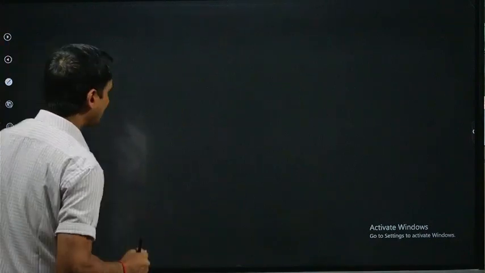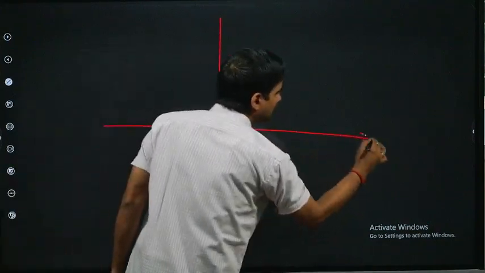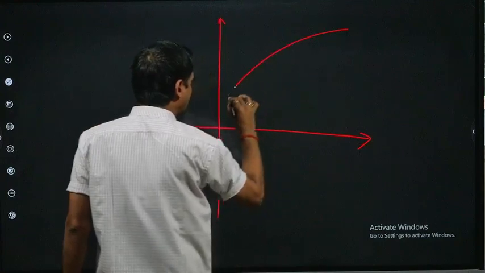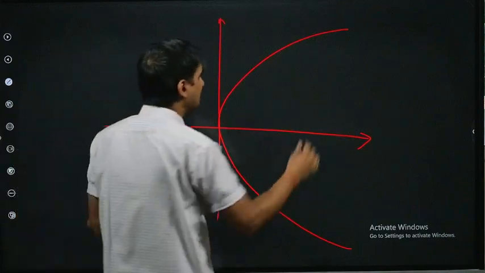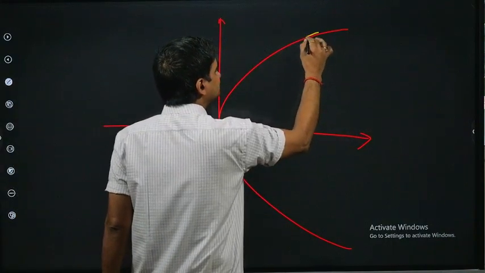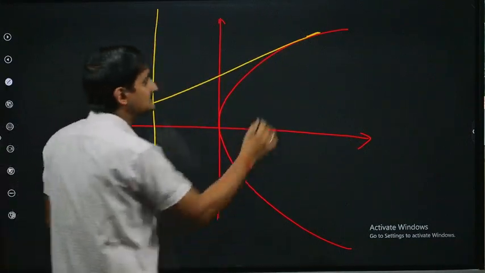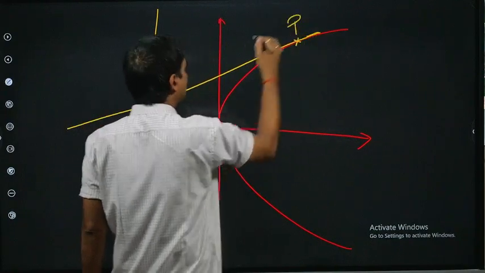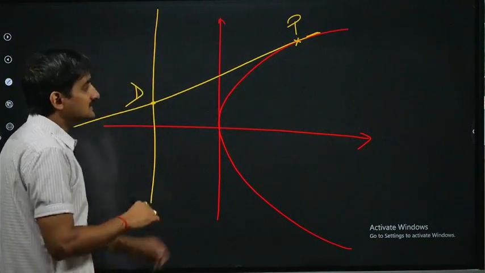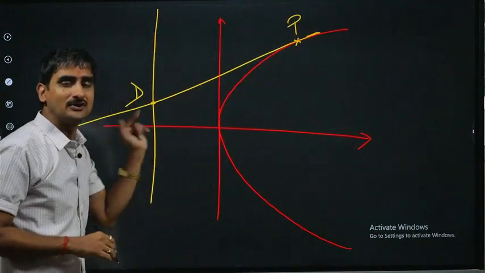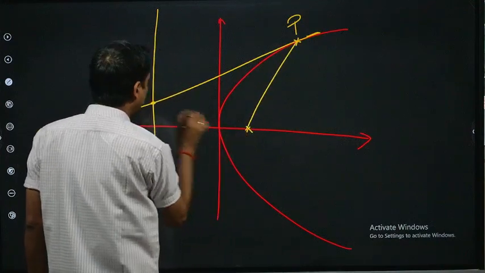Now one more important result, and I'm explaining it with the help of a standard horizontal parabola. It says that the segment of tangent between its point of contact and the directrix, I am calling it point D, subtends a right angle at the focus.